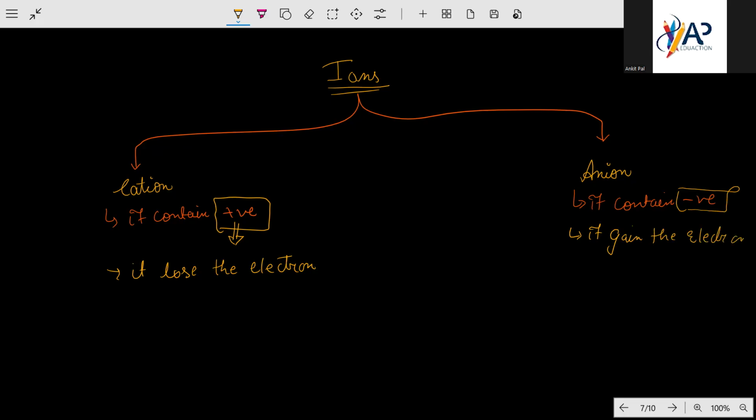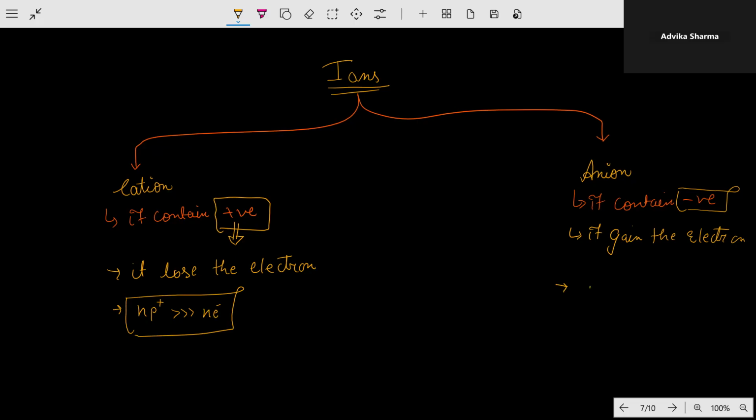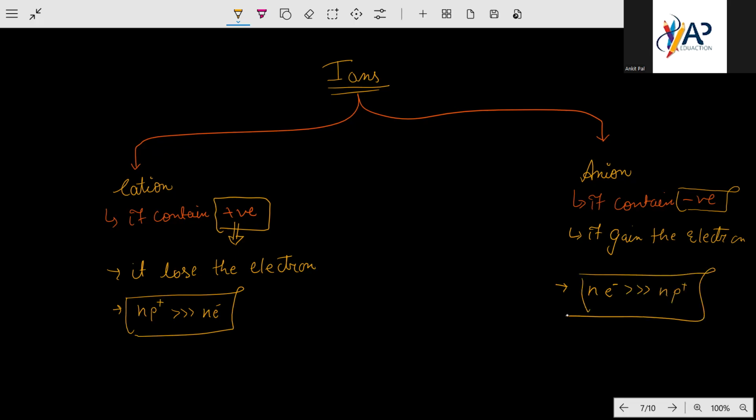Is there any doubt regarding this topic? No. Very good. We can even say that for a positive body, the number of protons is greater than the number of electrons. Here, the number of electrons is greater than the number of protons. Isn't it clear?